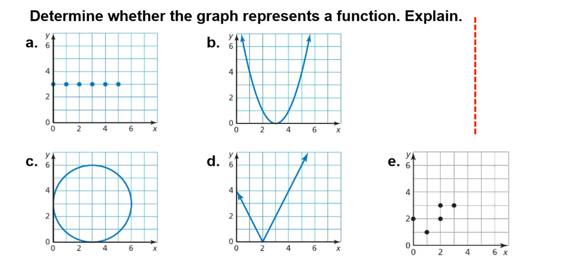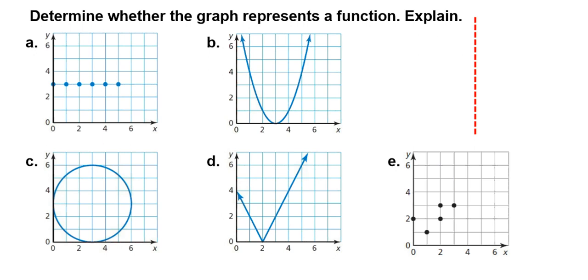Let's begin by determining whether the graphs represent a function. So here we see a vertical dashed red line. So imagine taking and moving that along each of our pieces. Would they be functions? Would they pass our vertical line test?